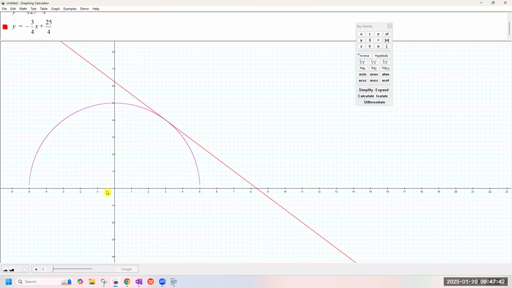Now what I'm going to do is move this semicircle up and down by 0.1, and then see where the maximum and minimum values are.